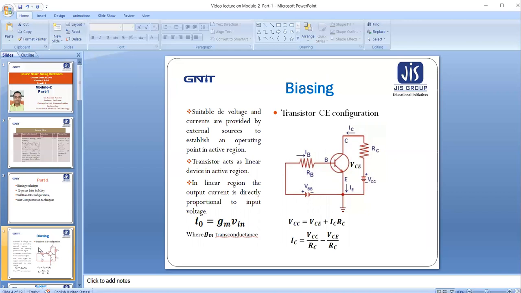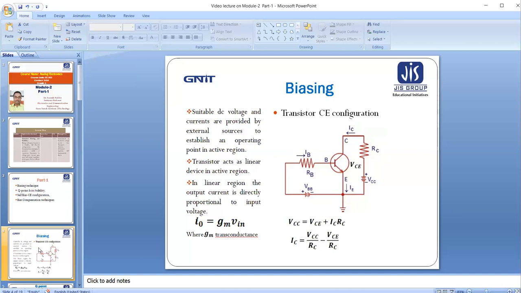Now we know particularly that a BJT, when it acts as an amplifier, must be operated in the active region. So the BJT should be designed in such a way that it will be set at an operating point in the active region. Now the operating point is to be fixed by some engineering techniques.